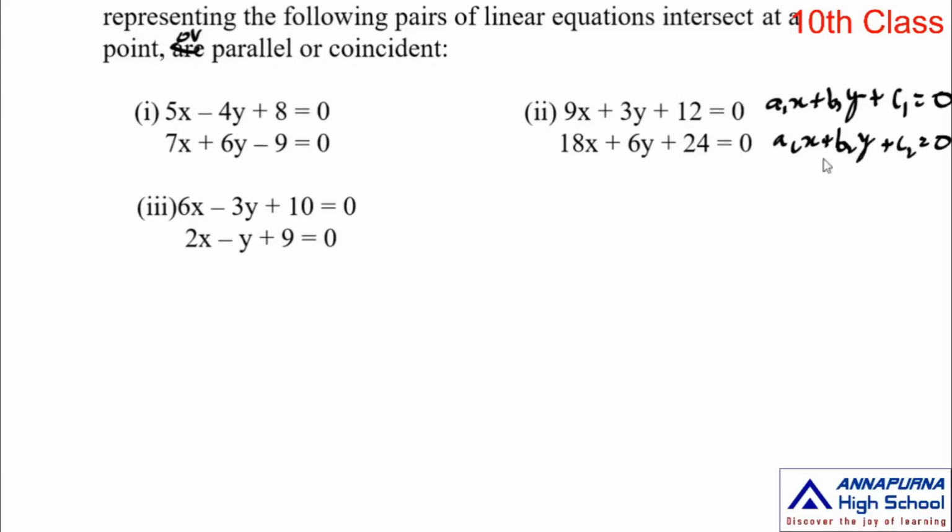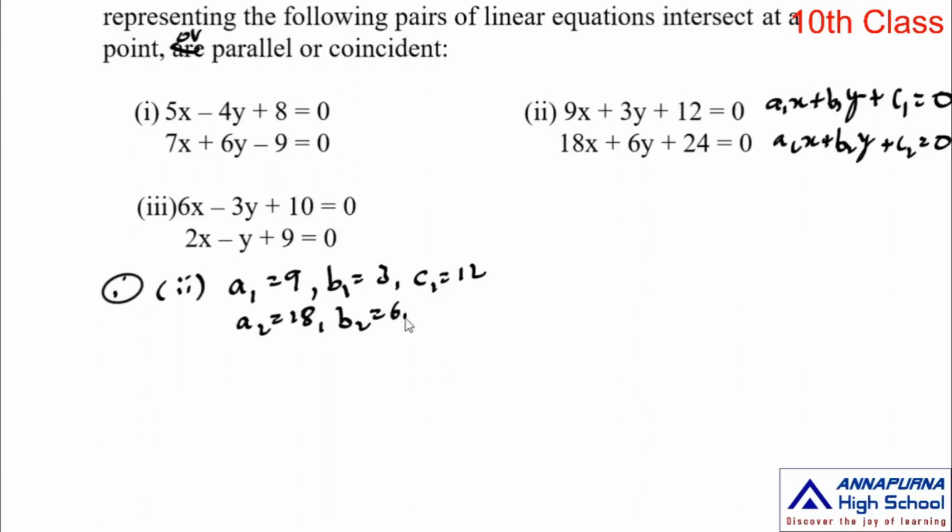So on comparing, a1 is equal to 9, b1 is equal to 3, c1 is equal to 12, and a2 is equal to 18, b2 is equal to 6, and c2 is equal to 24.